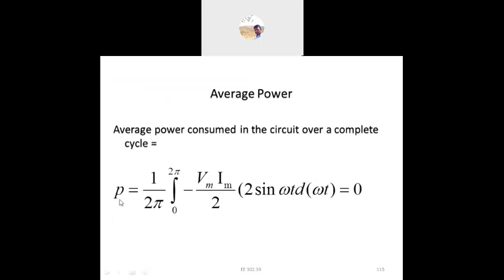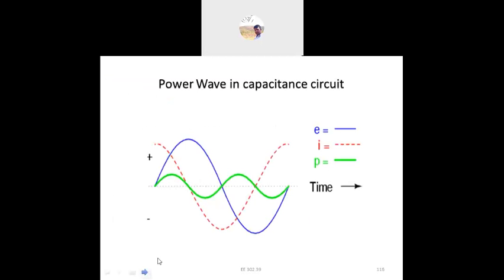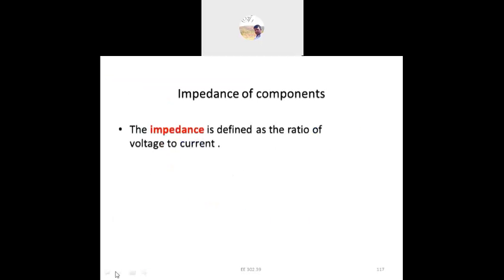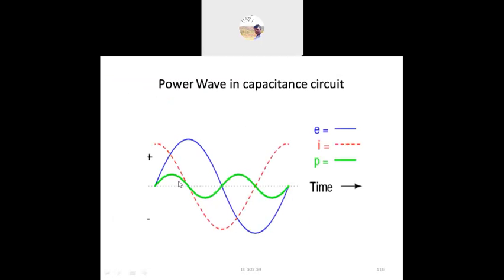Similarly, in the capacitor the power value goes positive, negative, positive, negative. The capacitor stores energy and releases it: at first during charging it stores, then it is discharged. That's why the power flows positive, negative, positive, negative.